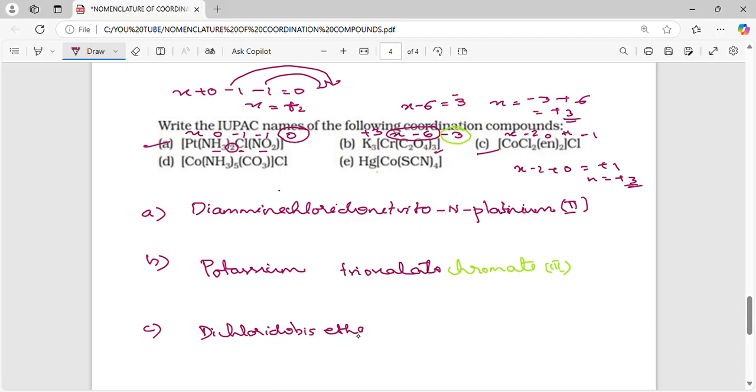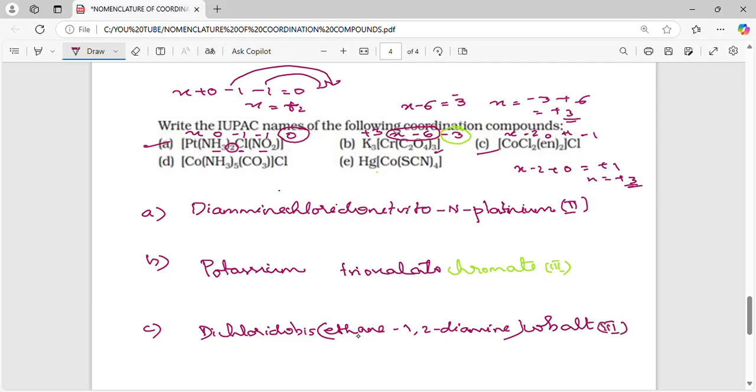Then ethane-1,2-diamine. This is how you have to write ethane-1,2-diamine, and always inside the bracket. That also don't forget. After that you write cobalt. And don't write cobaltate. Why? Because the coordination sphere is +1, positive. And write the charge inside the bracket in Roman letter, which we found as 3.